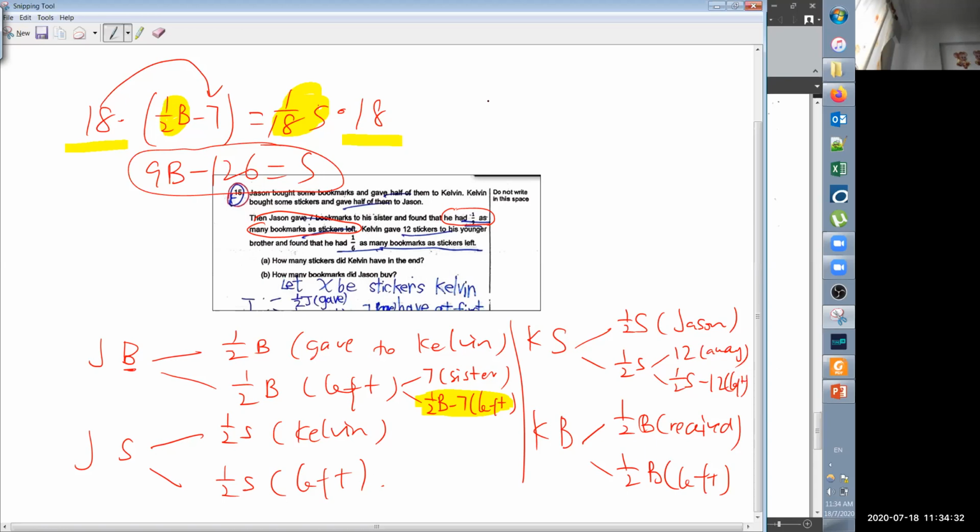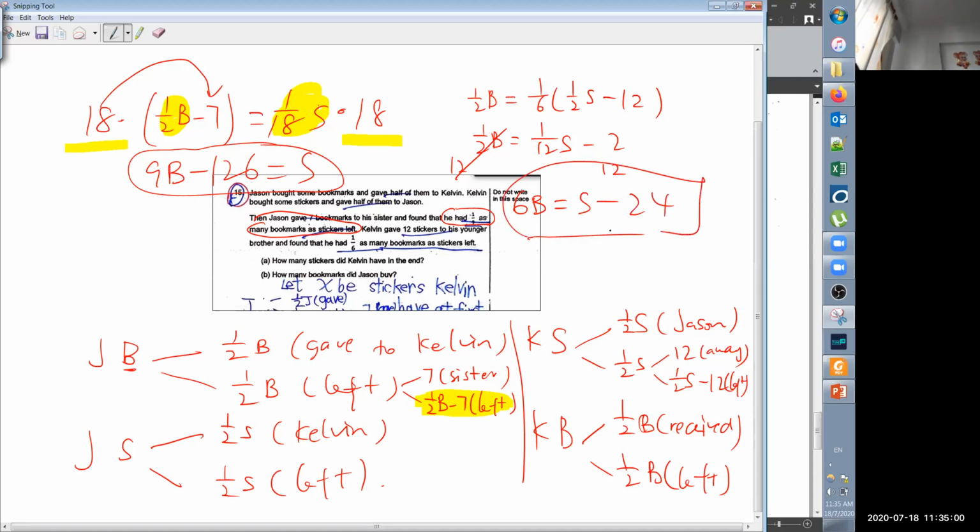So this many bookmarks, half B, is equal to 1/6 of the stickers, which is half S minus 12, right? So continue to simplify. So you times 12 on both sides. So you have 6B on the left. So you have S minus 24.